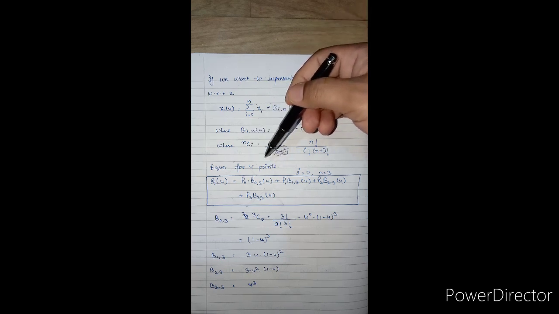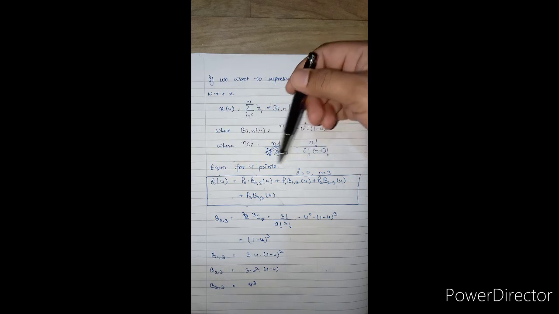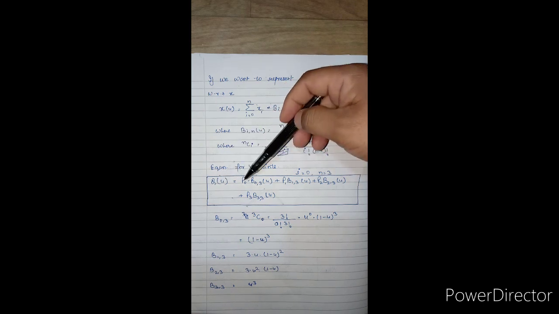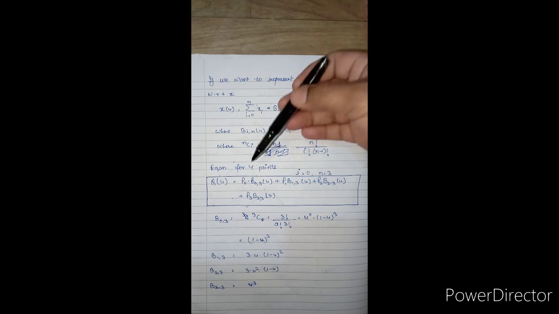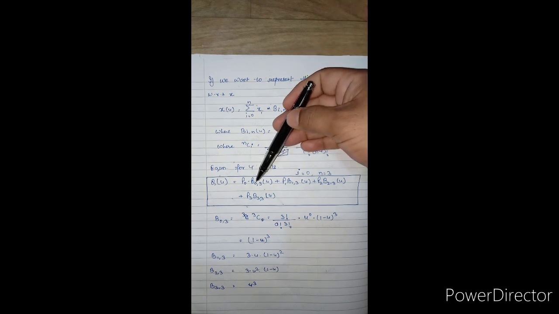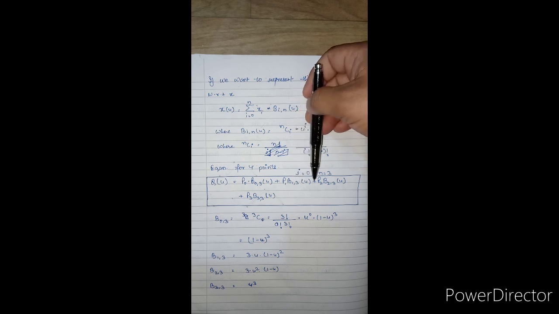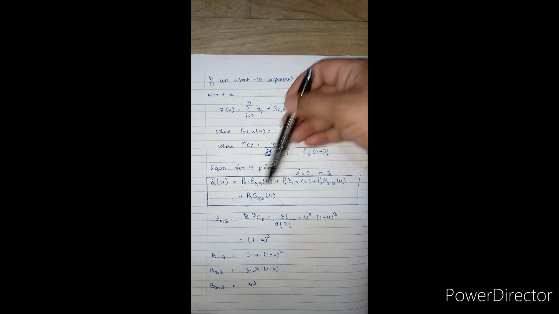So let us take our previous equation, that is q of u equal to p0 b03 of u plus p1 b13 of u plus p2 b23 of u plus p3 b33 of u.